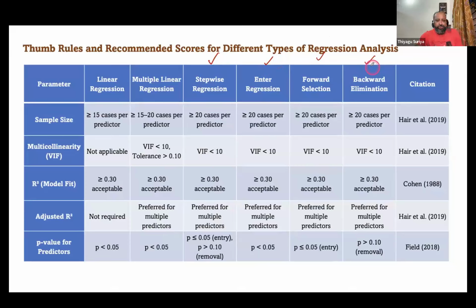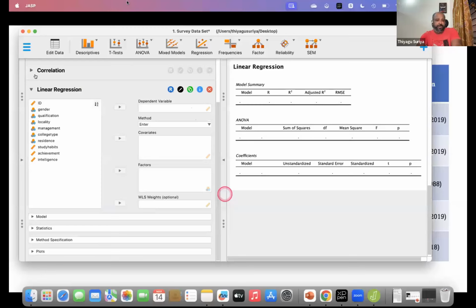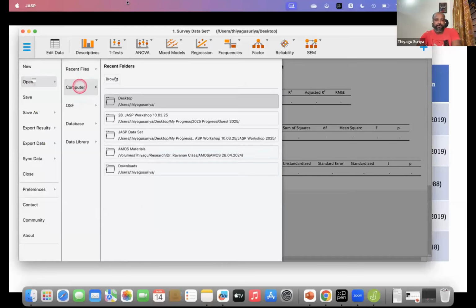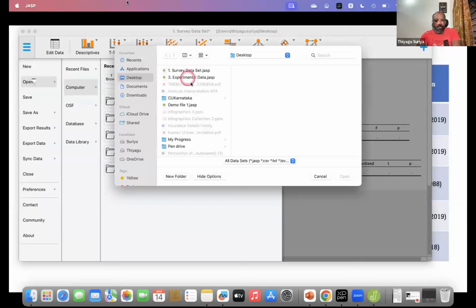Now, I request all to open JASP. Open an empty JASP. Now we are going to open a new file. We already have a data set, which I already uploaded. Go to browse, open the data set which I gave earlier, and today also I shared this link.